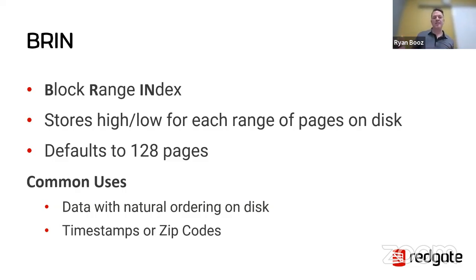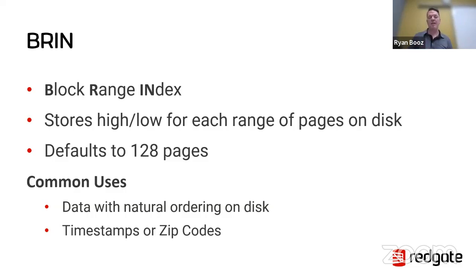And so that's what this is. By default, as you create a block range index, Postgres scans 128 data pages at a time and essentially stores two things based on the column that you're indexing: the high value and the low value for the entire range of 128 pages. You can modify how many pages it does per index and so forth.